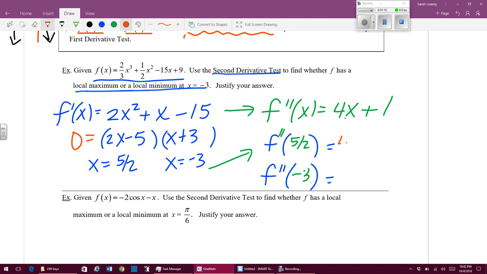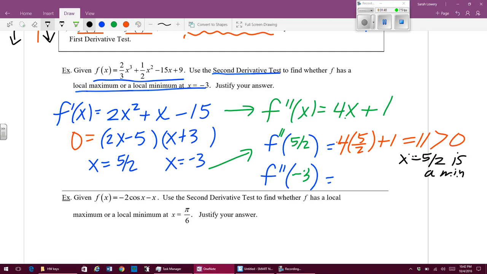So I'm going to say 4 times 5/2 plus 1. That's going to give me 20/2, which is 10. 10 plus 1 is 11. 11 is a positive number. If I have a positive number, that means that x equals 5/2 is a minimum.